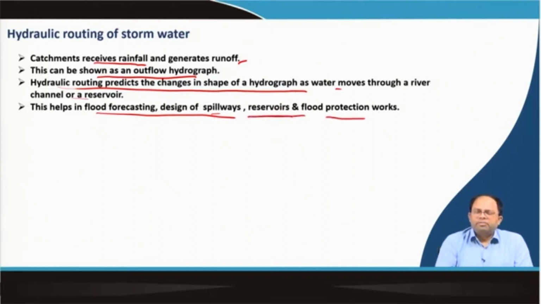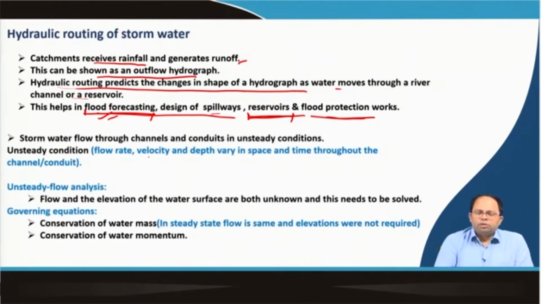Sometimes we provide detention basins, retention basins. So, reservoirs and other flood protection works have to be designed based on the amount of water that is forecasted to come. This is also called flood forecasting, because this water flows on the overland surface and then it comes. It may create a flood if it is not drained properly. That is why we also call it flood forecasting.